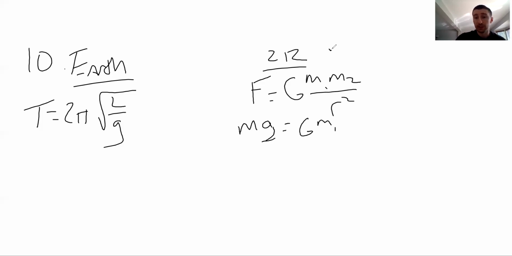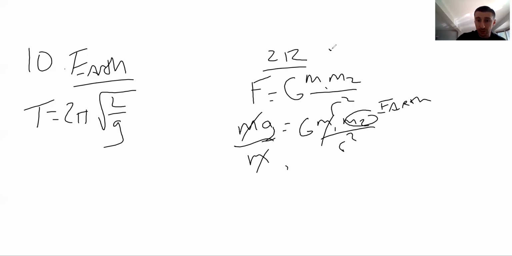So let's keep going here. This is why the acceleration due to gravity is the same for everything, right? Everything falls the same. Remember the feather and bowling ball video, where the feather and the bowling ball fall at the same rate? This is why, because the mass cancels out. The only mass that comes into play is Earth's mass. So I know the acceleration due to gravity is big G m over r squared.